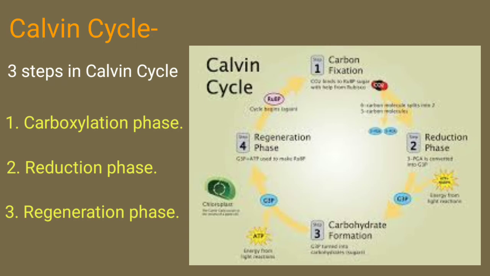A better understanding of this mechanism of carbon dioxide fixation was provided by Melvin Calvin, Benson and their colleagues in California in the mid-50s. In that, they identified an intermediate compound and a detailed pathway of carbon in photosynthesis, called the Calvin cycle, which we are going to study now.